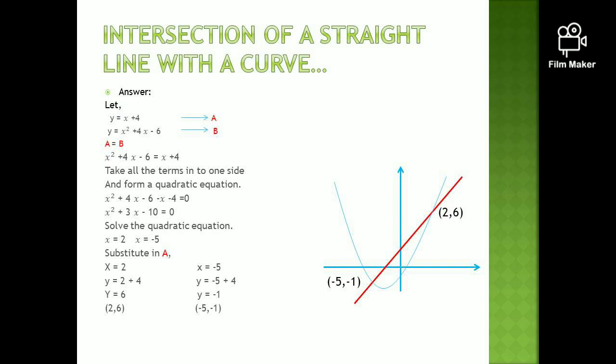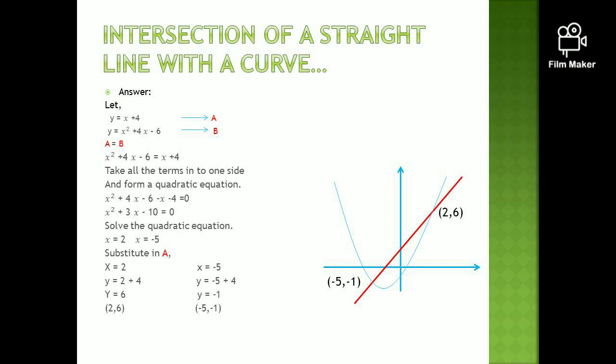Then take all the terms to one side and form a quadratic equation. I will take the right hand side x plus 4 to the left hand side. Therefore, it turns into x squared plus 4x minus 6 minus x minus 4. So x squared, 4x minus x gives plus 3x, and minus 6 minus 4 gives minus 10.